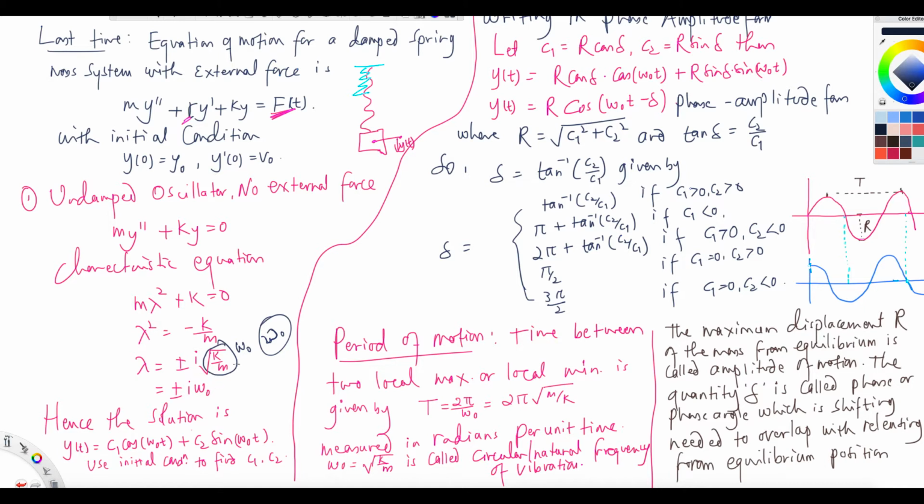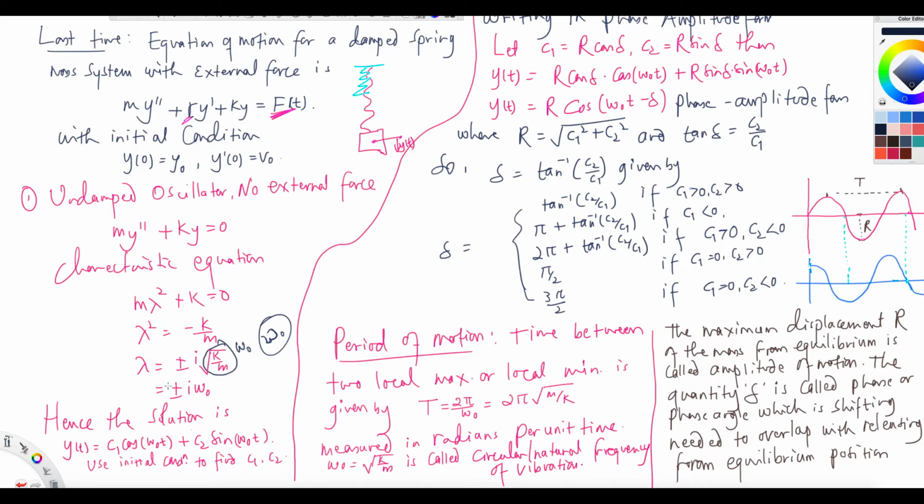But in the last section, you saw that if the eigenvalues of the characteristic equation are complex, or actually if there is just an imaginary eigenvalue, the solution will be y of t equals c1 cosine omega 0 t, because that is i omega 0 plus and i omega 0 minus, plus c2 times sine omega 0 t.